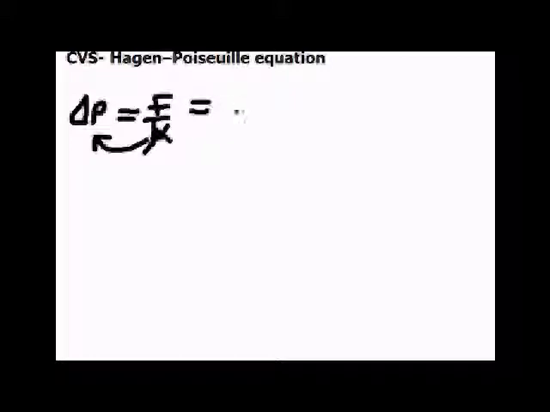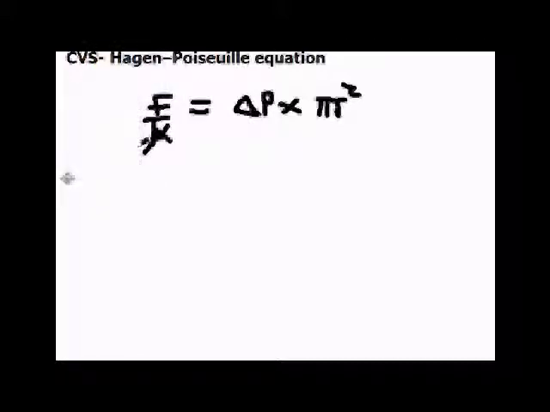Then we can take the area up to the top, cancel that round from there, and so then we can say that force is equal to delta P times pi r squared. There you go.